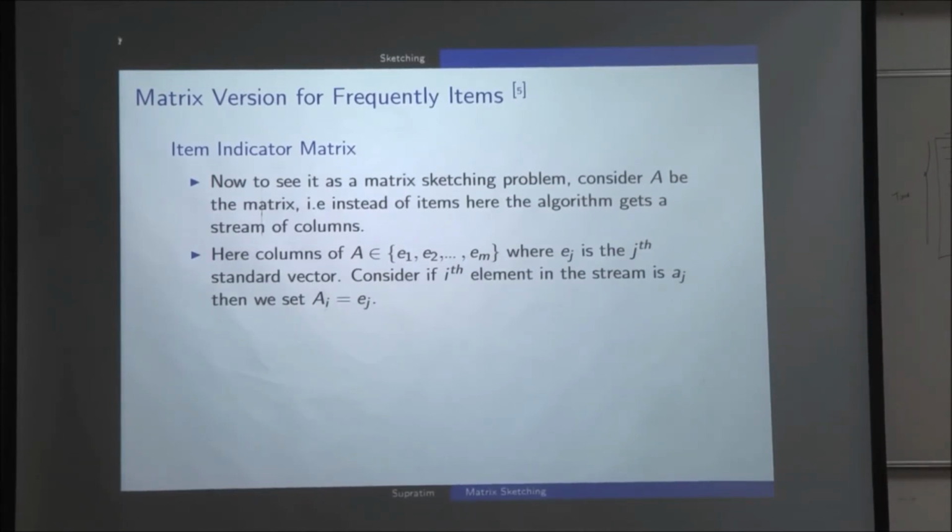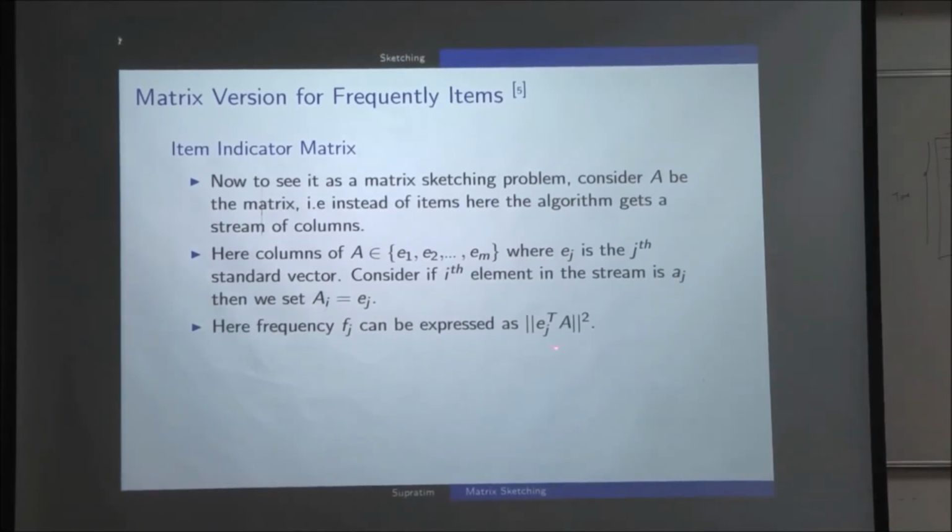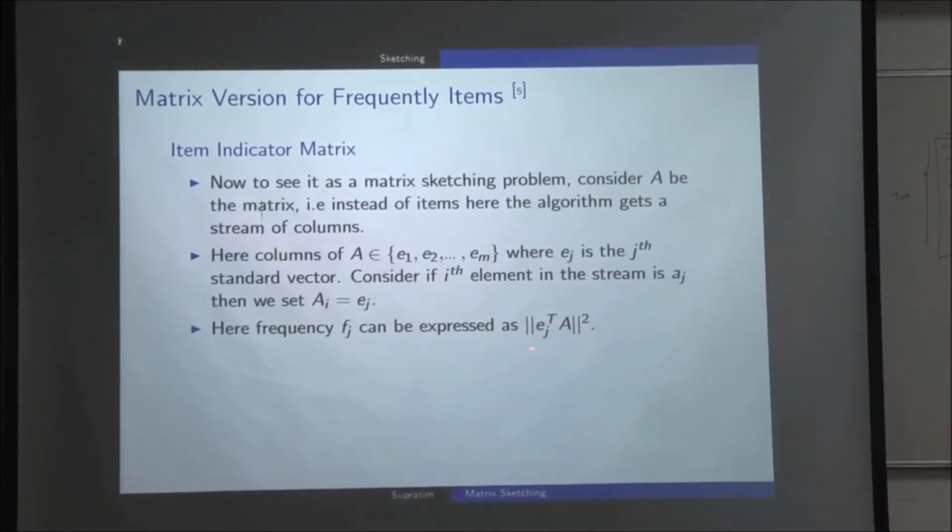Now if you want to know the frequency of some particular item Ej, we can simply compute Ej transpose A. This will tell us that over all the columns, wherever the jth row is non-zero, that is what it will add up to. But then we have to keep the whole stream with us to tell the frequency of this particular item, and that is not our aim.